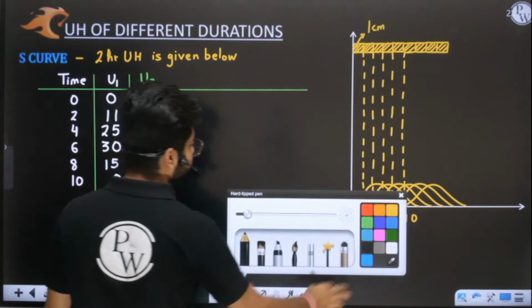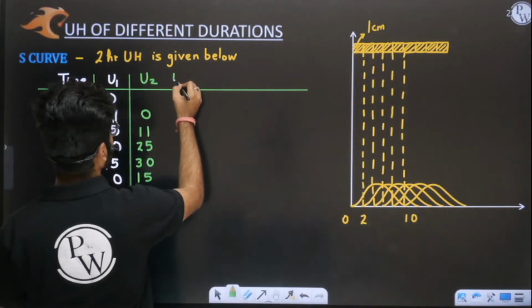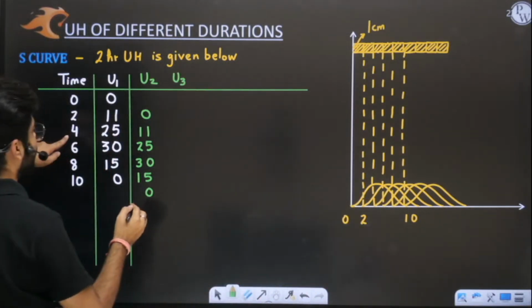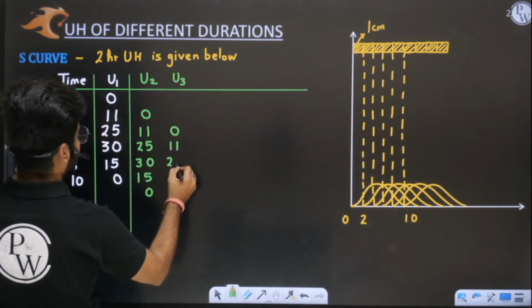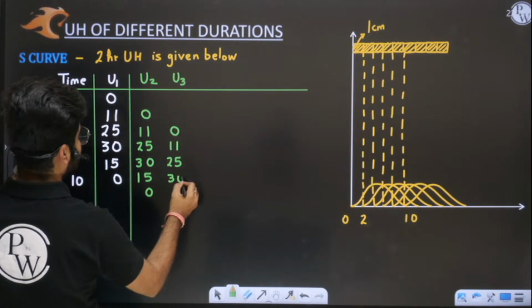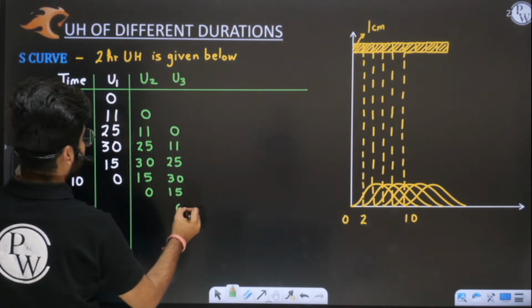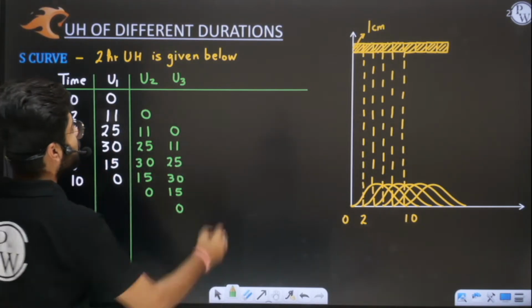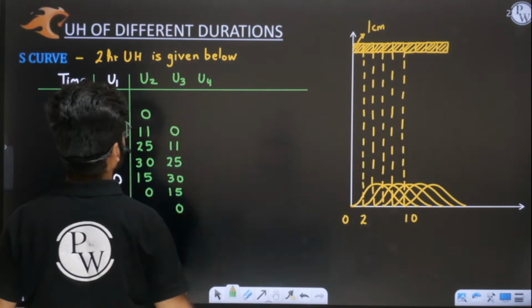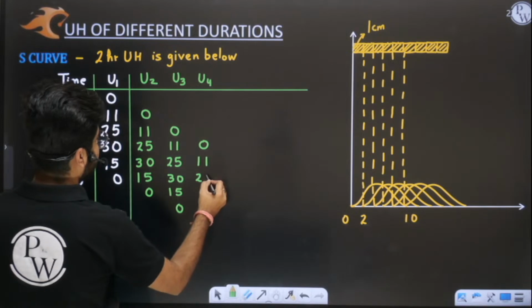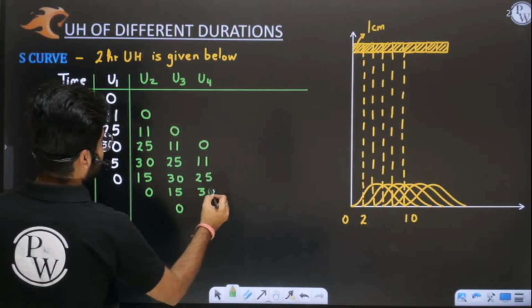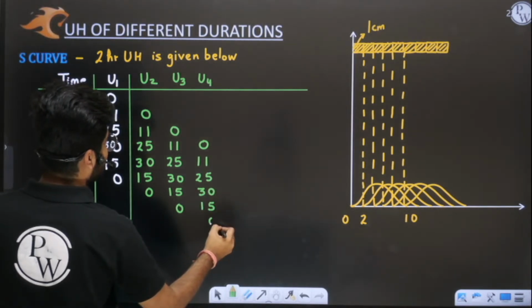So you will get another unit hydrograph which will be starting from 4 now. So I will start from 4: 0, 11, 25, 30, 15 and 0. Again, when you do the rainfall, you will get another unit hydrograph which will start from 6: 0, 11, 25, 30, 15 and 0.